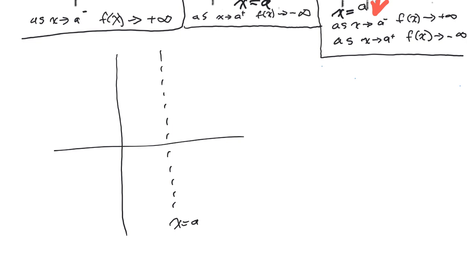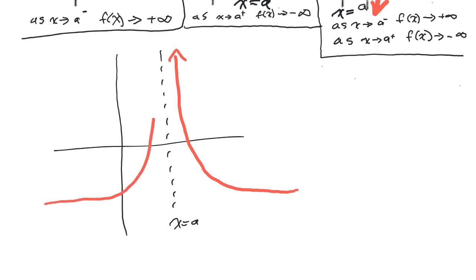Now imagine if I had two lines that came in from the left and blew straight up, and came in from the right and blew straight up. So coming from the left blows up, coming from the right blows up. Here's what you would say, mathematically speaking. As x approaches a from the positive side, f of x approaches positive infinity.